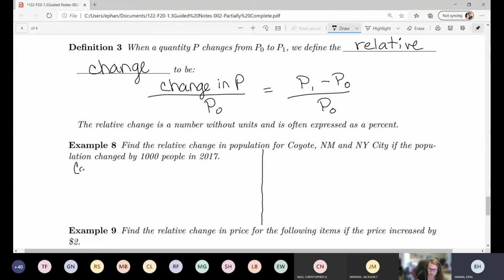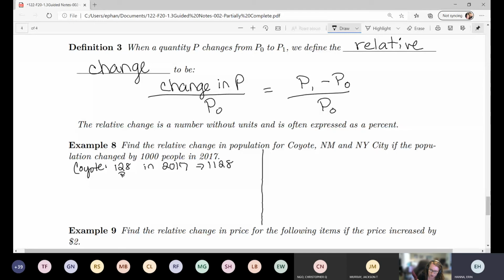So if we start with Coyote, we were told in the original statement that they started at 128 people in 2017. So that means they went from 128 to 1,128. We don't care what time frame it happened in, we just care about the starting value and the ending value.